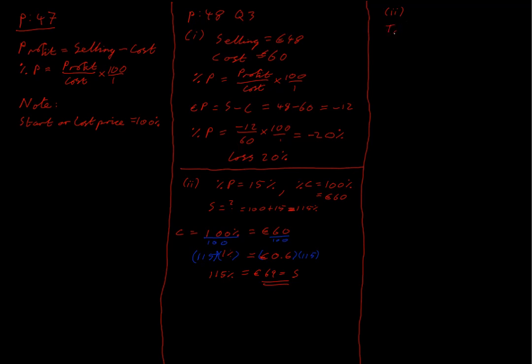So total cost is 60 plus 60 is €120. Total selling price is 69 plus 48.